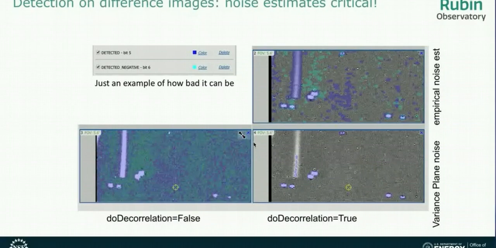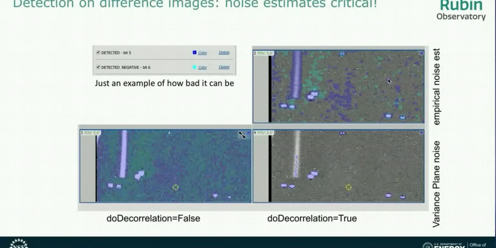You can see just by changing these noise estimates, on this left-hand side, the entire image is a detection. Clearly, a problem with the noise here. And on the right-hand image, I see a lot of stuff here that was not detected. Also an indication that there's a problem. And then this image looks just right.